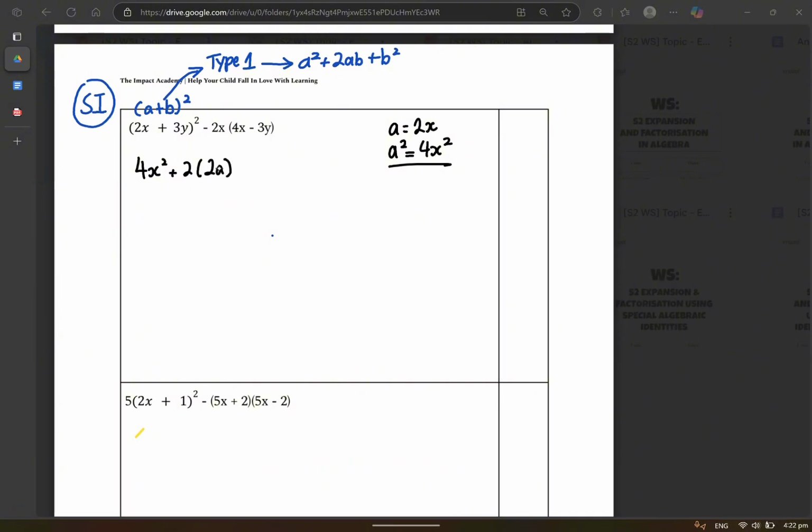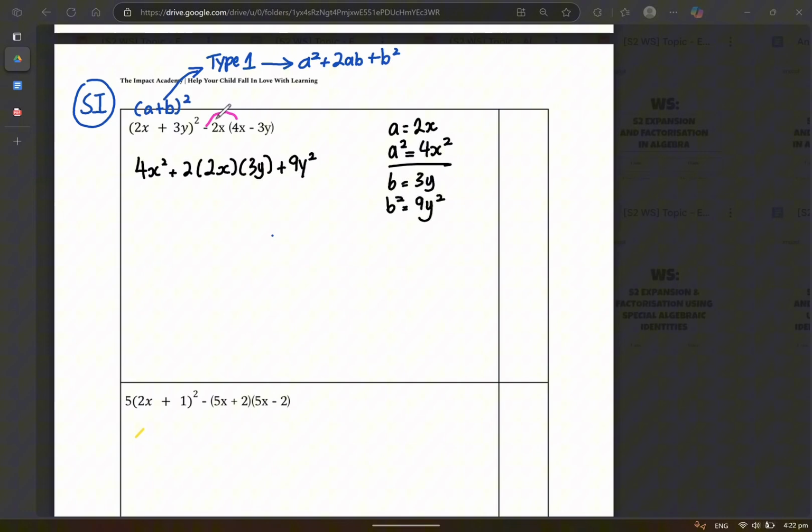B is 3y. What's my b squared? B is 3y, b squared is 9y squared. Does it make sense to you? Yes. Okay, so we are going to plus 9y squared first. Make sense?